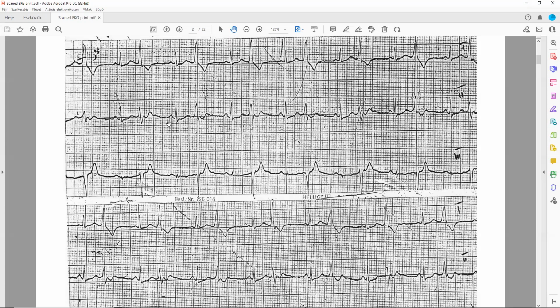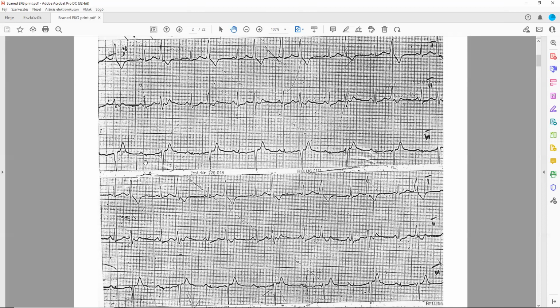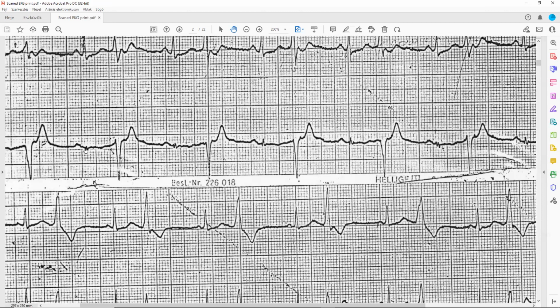Now, when you look at the axis, you should use the normal beats. As you see here, lead number 3 is equiphasic, so the axis is around 30 degrees. You're saying number 3 is equiphasic? Yes, because you can see there is nothing here.